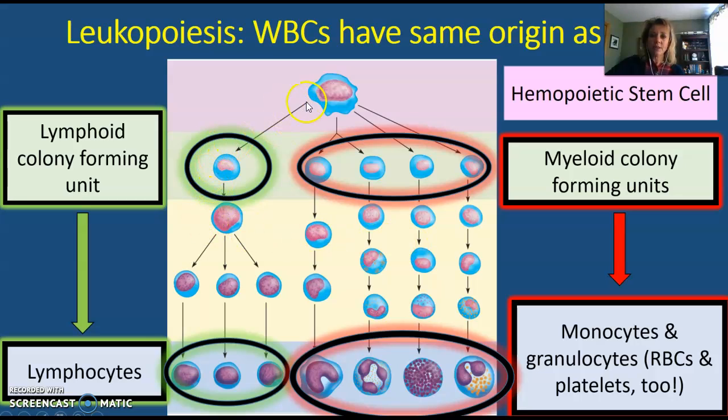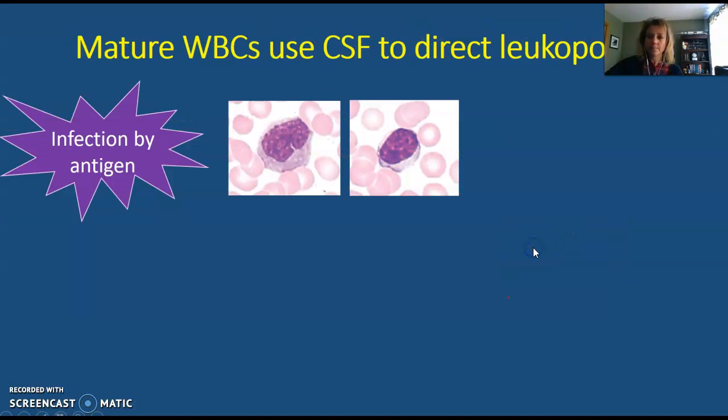And so the lymphocytes are going to differentiate and mature on their own path, whereas the red blood cells, the monocytes and the neutrophils, eosinophils, and basophils, they're all going to follow similar paths because they're all arising from the same colony forming units.